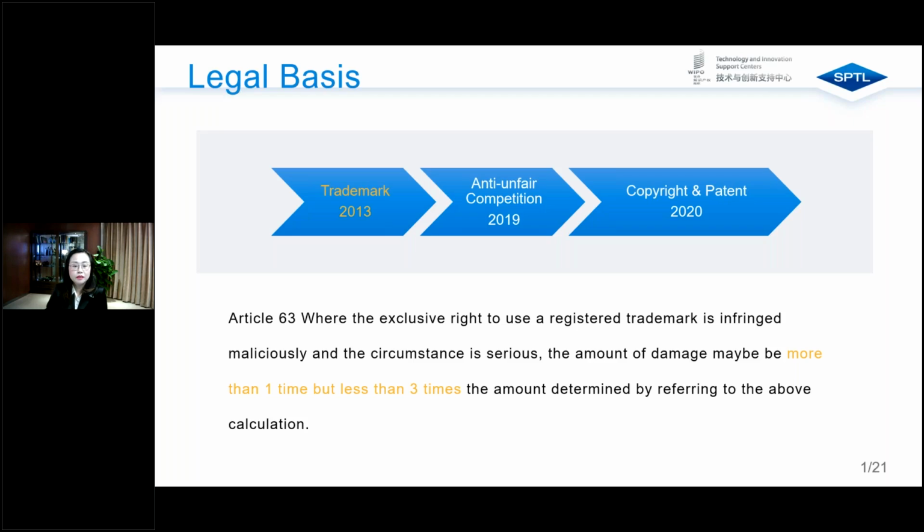Then, the amendment of trademark law in 2019 increased the multiple of punitive damages from more than 1 time but less than 3 times to more than 1 time but less than 5 times.